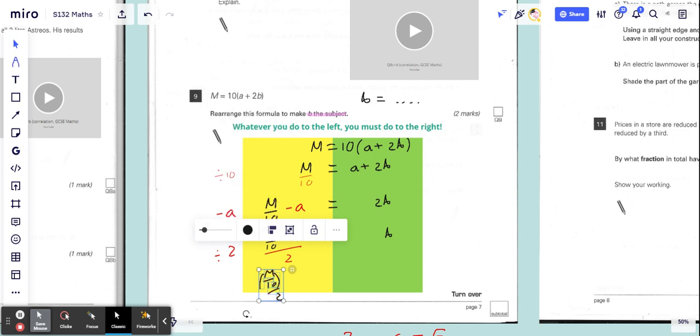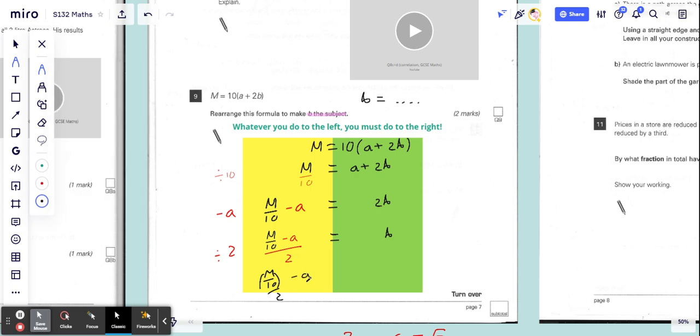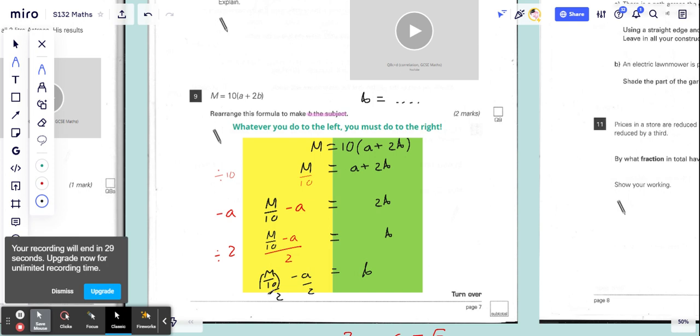And I'm going to run out of time if I'm not careful. And then we're going to minus A over 2. And that's equal to B. Now, M over 10 divided by 2 is the same as M over 20. So we can just say, and we get rid of the brackets now, M over 20.